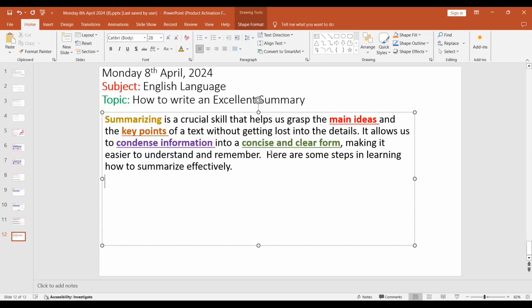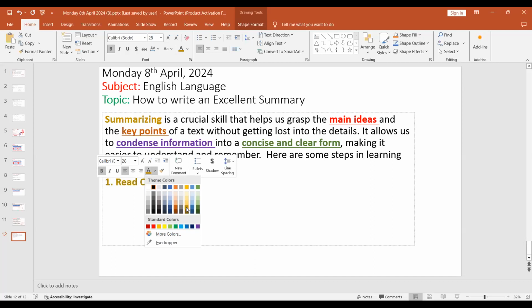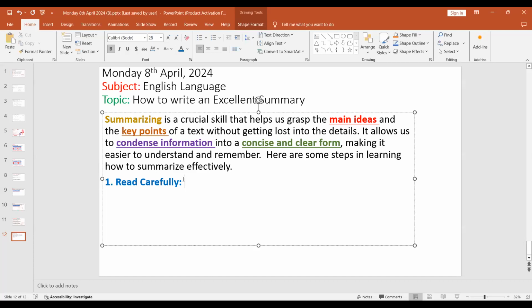So the first thing that you want to do, the first step in learning how to summarize properly, is that you want to read carefully. Why do you think you need to read carefully when you're trying to summarize something? Why would you want to read carefully? What's the point? So you get the right information. Very good. So you can get the right information and you can understand what exactly is happening.